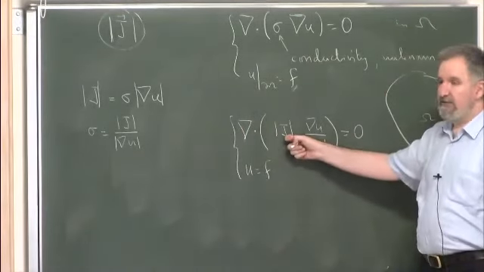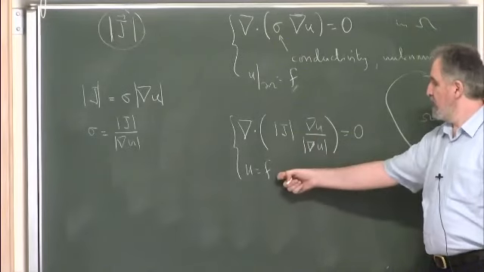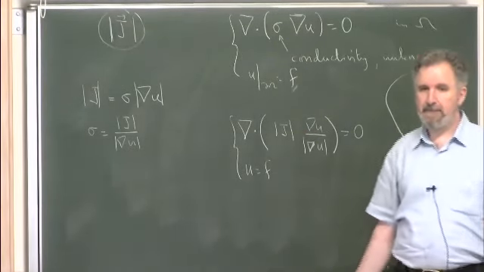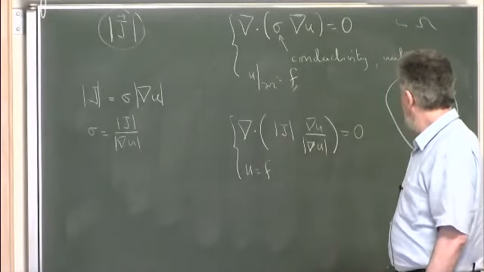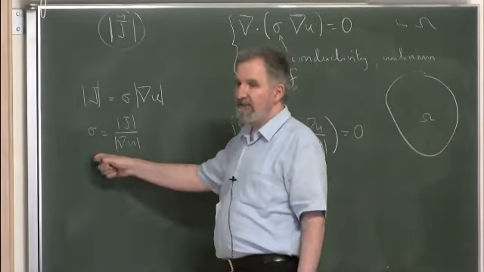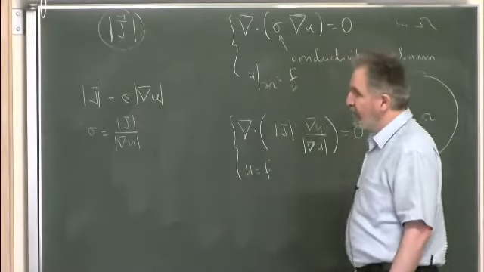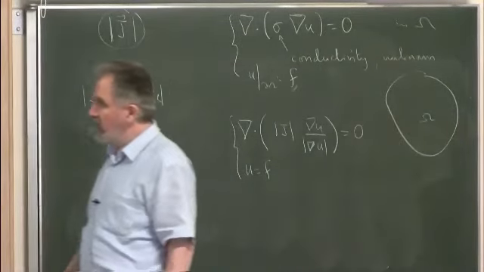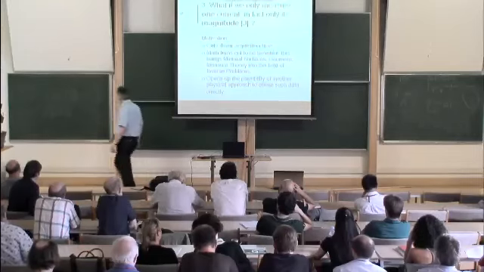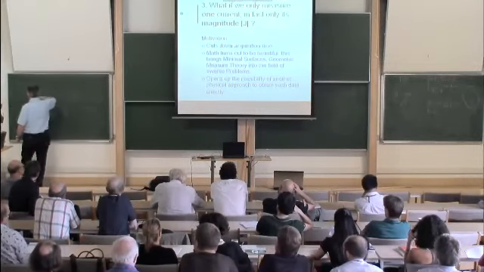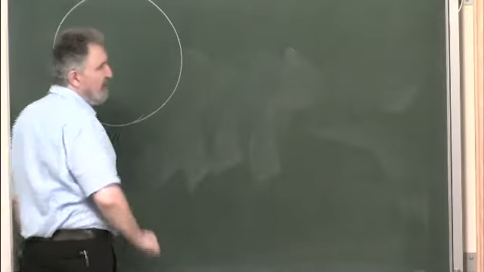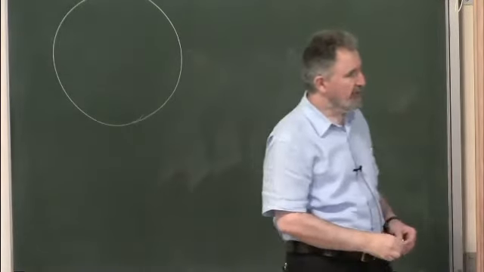This is my data, magnitude J. I solve this Dirichlet problem for this nonlinear PDE. Once I find U, I can immediately find the conductivity. The problem is that this Dirichlet problem has infinitely many solutions. So that's not a good way to solve the problem.